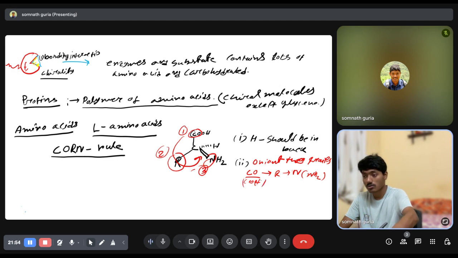Okay. So if it is anticlockwise, then it will be called L. If it is clockwise, it will be called D.